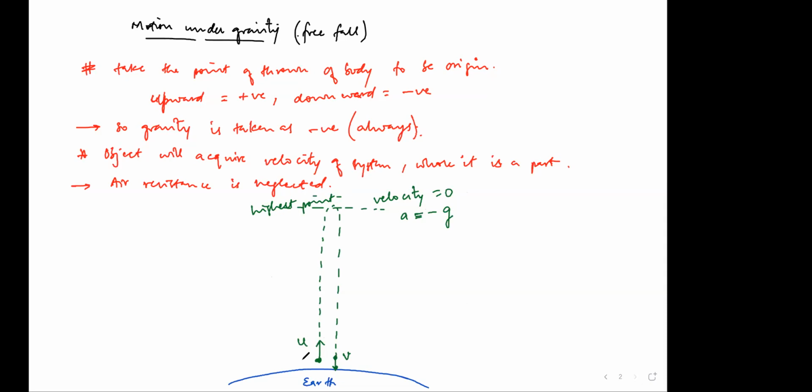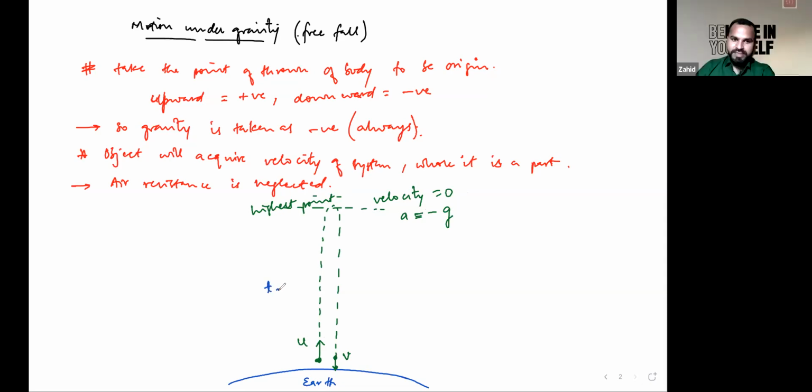Now, this particular object would have taken some time to ascend from the bottom to this particular highest point. This time is called time of ascent. Similarly, it will take some time to descend from this point to this point.